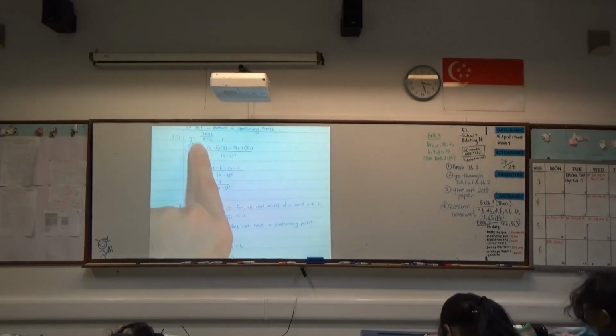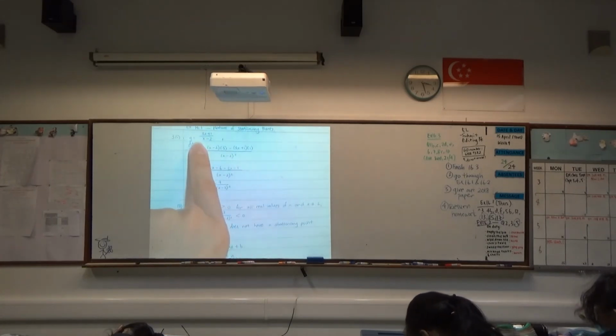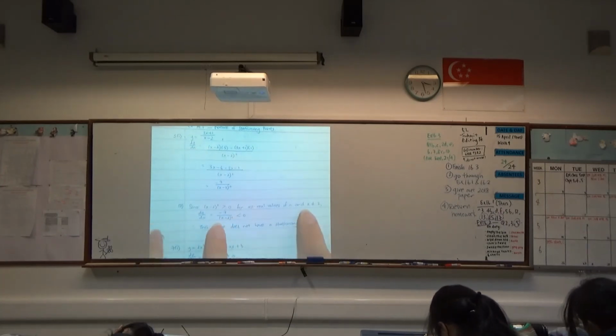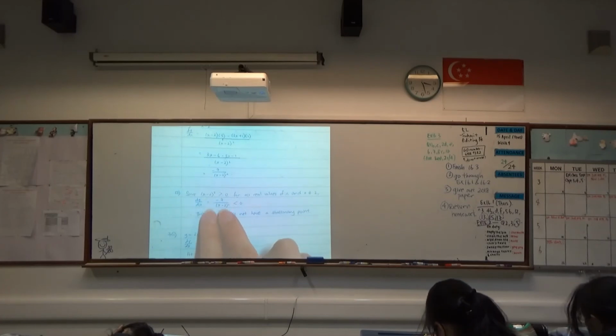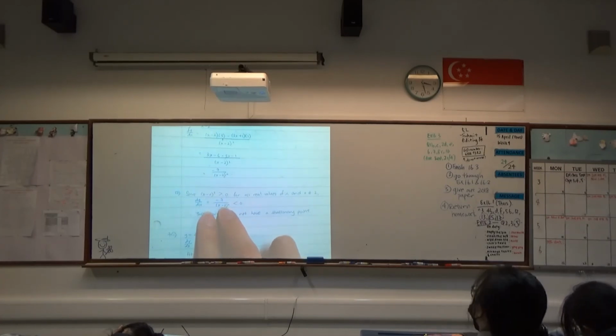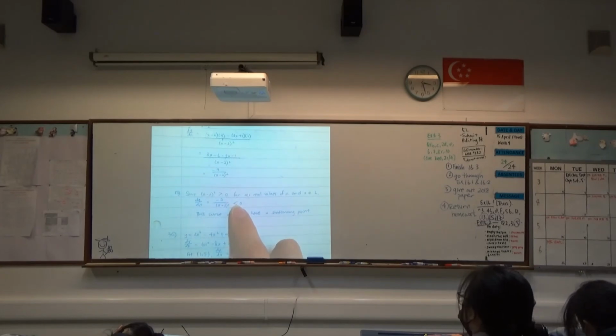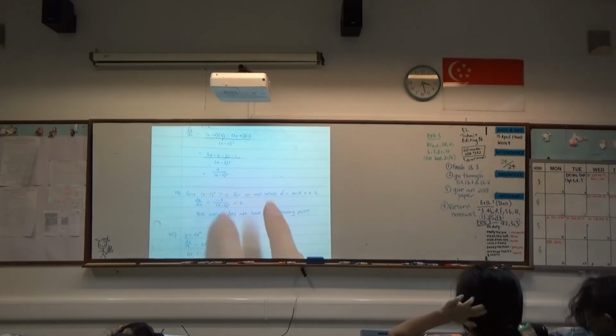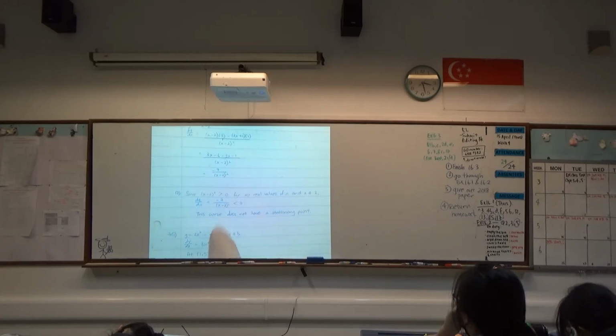Then your function is not defined. Because the square is more than 0, this entire fraction, a negative number divided by a positive number, will give you a negative number. So dy over dx is always less than 0. That's why the curve does not have a stationary point.